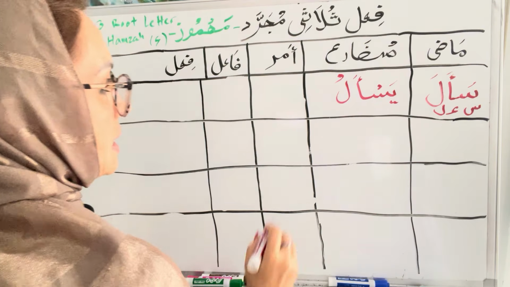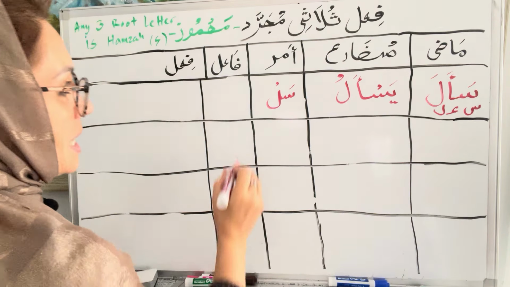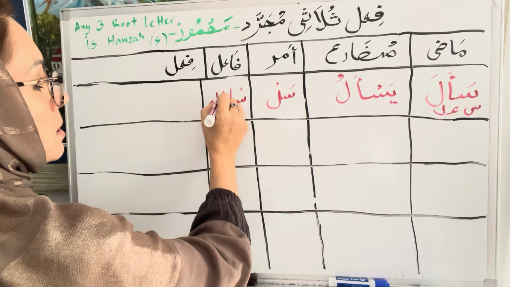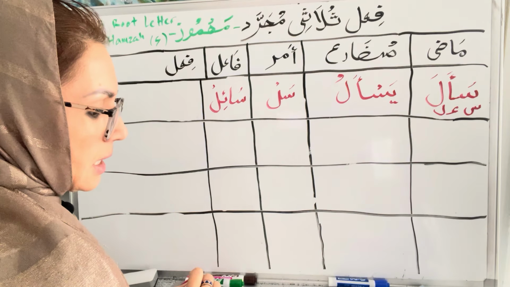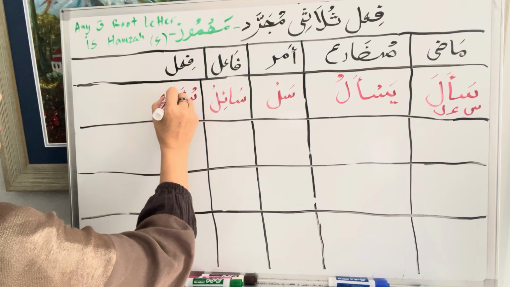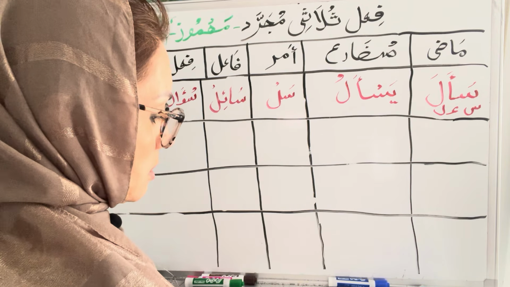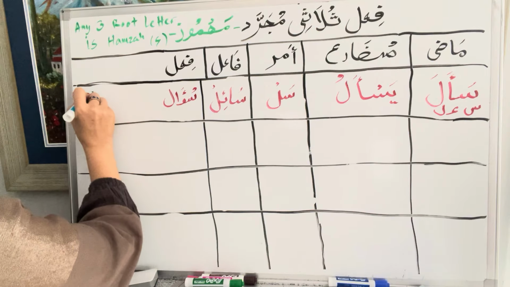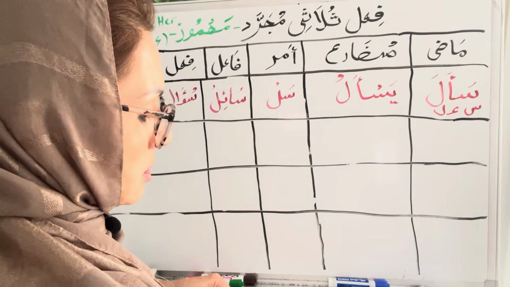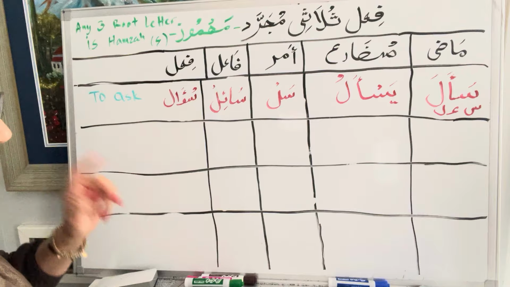And then the amr becomes sal, with a sukun, and then sa'il, and then su'al. What does that mean? That means to ask, to question. Sa'ala, yas'alu, sal, sa'il, and then su'al.